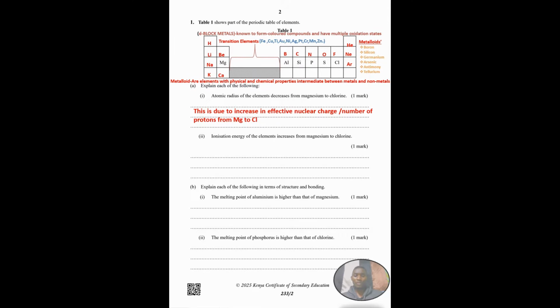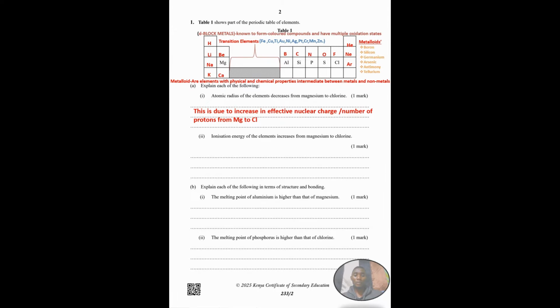As the number of protons increases, the effective nuclear charge increases simply because the electrons in the outermost energy level are strongly held by that positive nucleus, and therefore that makes the atom reduce in size.